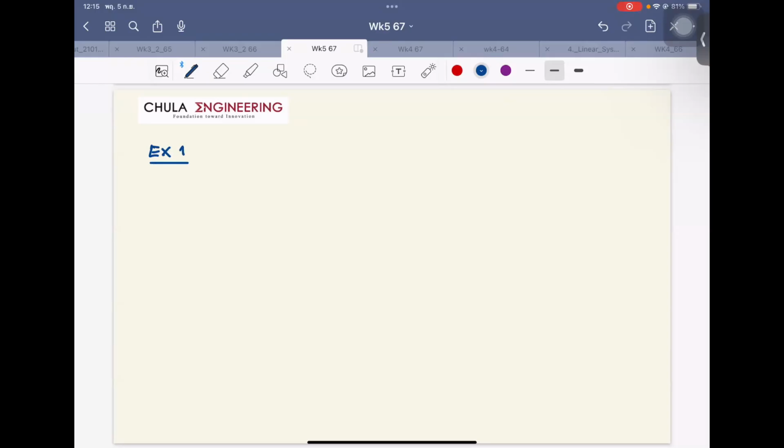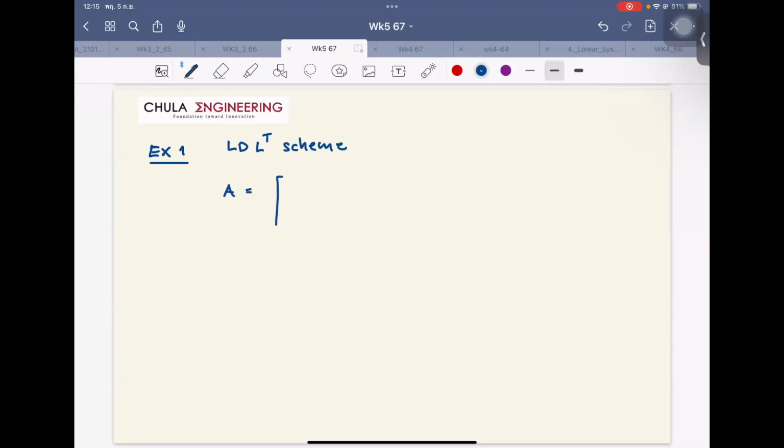The first example is illustrated in MATLAB, so I won't call it the first example. So this is the first one, the LDL transpose scheme.